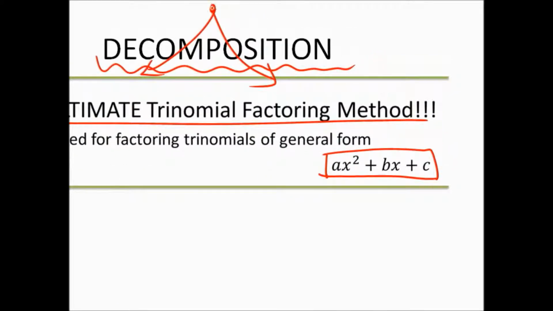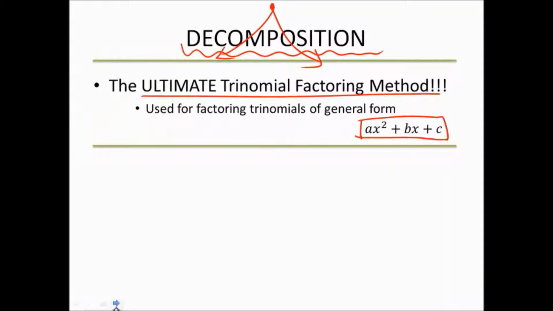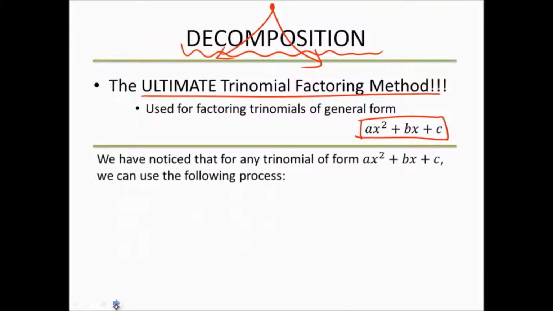It is something very important to learn because sometimes we just don't see a special factoring format, or maybe we can't really find a way to guess the answer. So this method will give you the option of finding it.